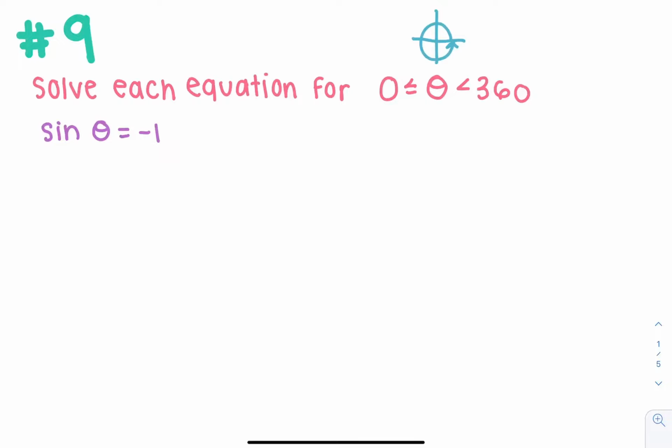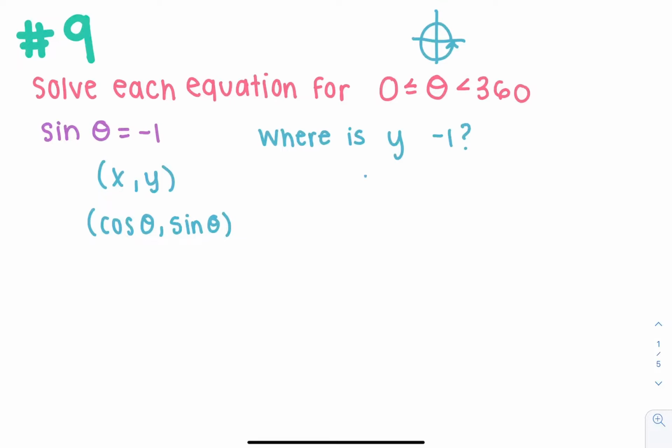So in this first problem, where you have sine of theta equals -1, we're looking for the angle that gives us sine as -1. Now remember, if we have a point (x, y), x is cosine of theta, and y is sine of theta. So for this one, what we're asking is, where is there a y value of -1 on this circle?